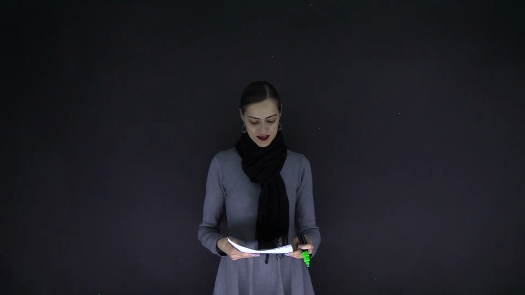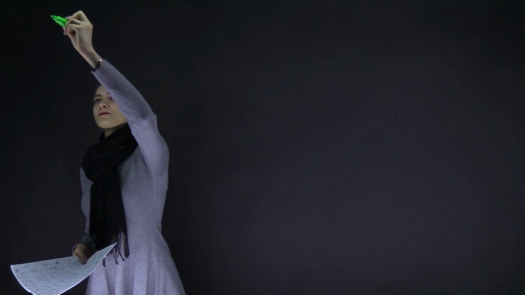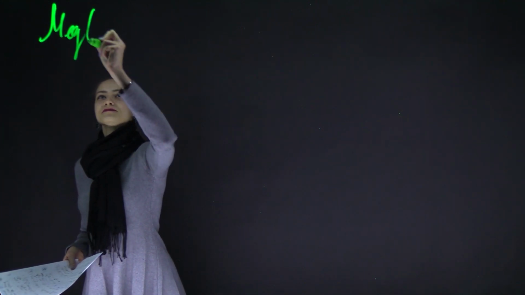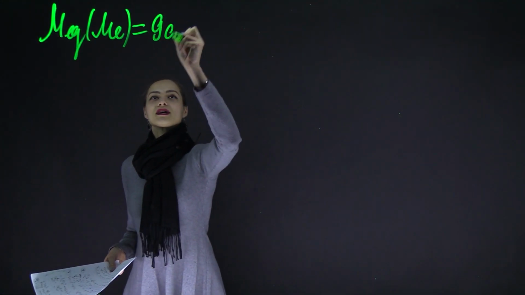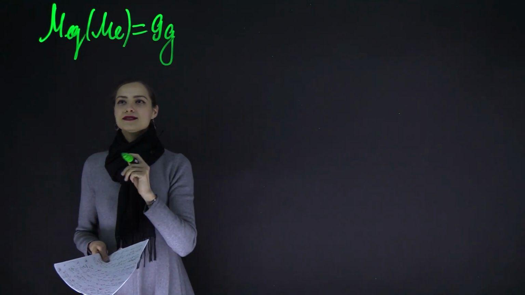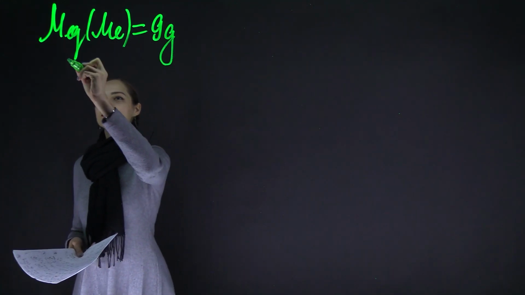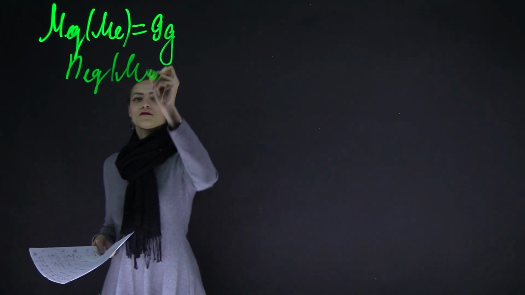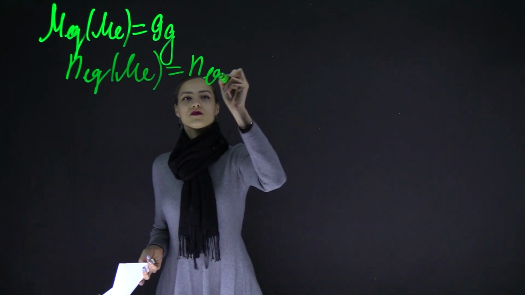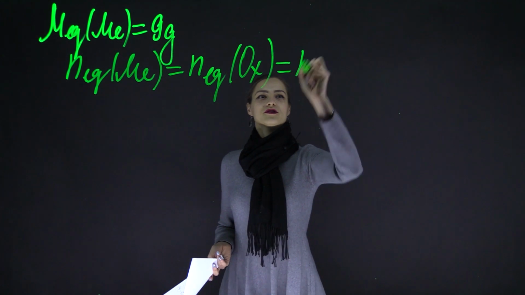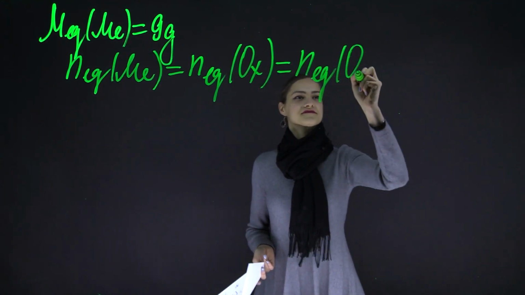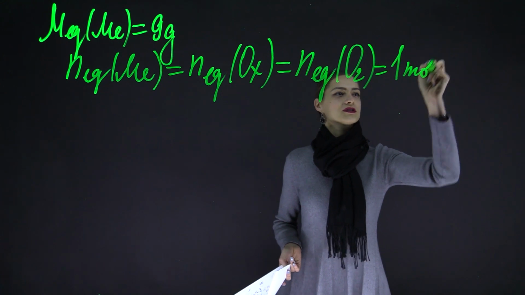In the next task we have almost the same situation, but now we know the equivalent mass of the metal, and we need to calculate the percentage of oxide produced in this reaction. Well, the equivalent mass of the metal equals 9 grams. Let's consider that just one equivalent of this metal reacts. In this situation, the numbers of equivalents for the metal, the oxide, and oxygen equal 1 mole equivalent.